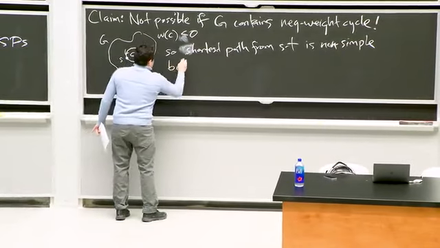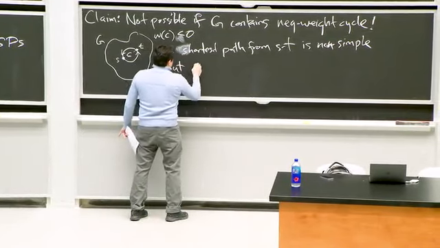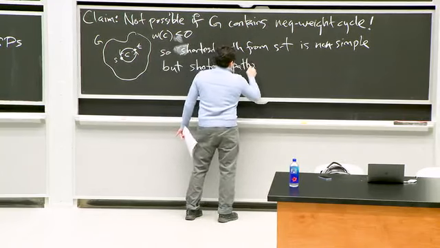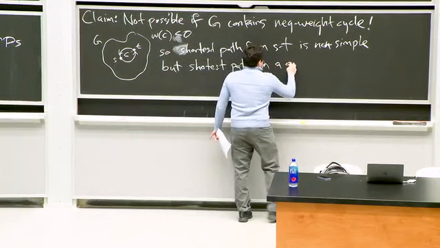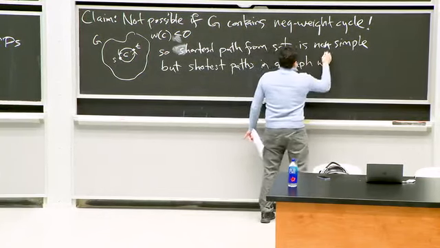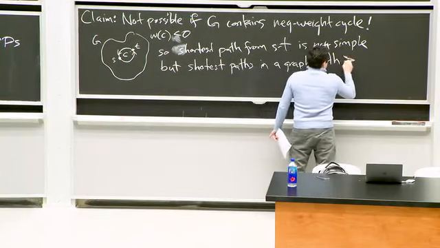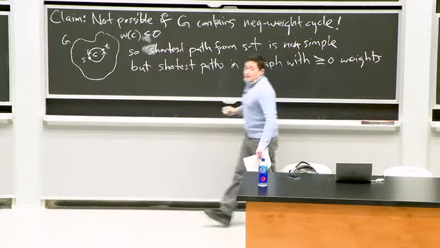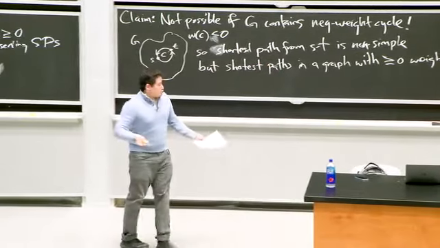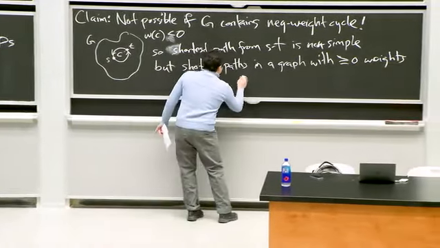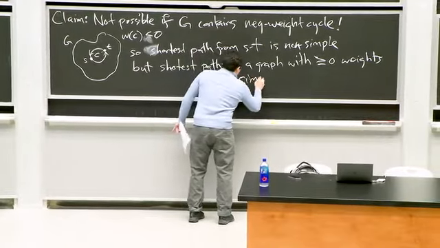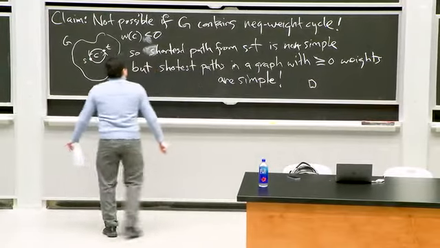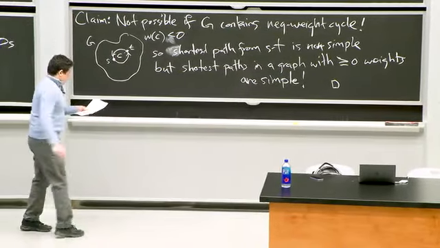But as we proved in the last lecture, shortest paths in a graph with non-negative weights are what? Are simple, right? Because there exist shortest path trees. So that's a contradiction. So this is not possible.